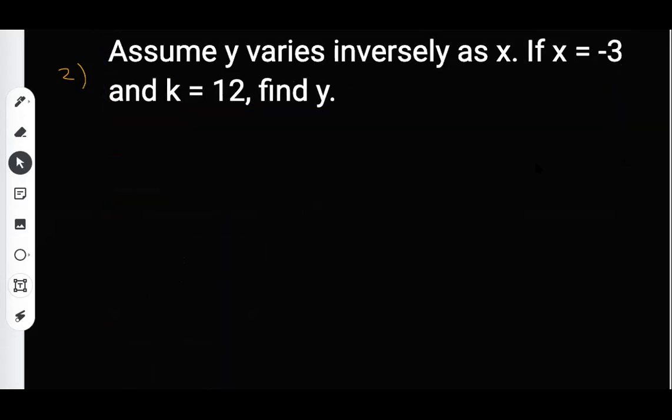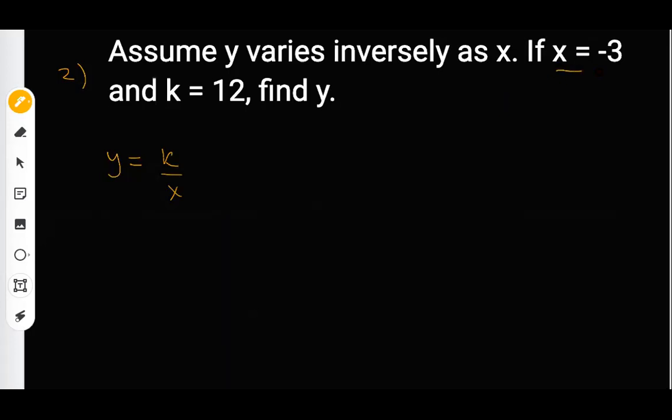There we go. Okay, so we're assuming that y is going to vary inversely as x. So the first thing I need to do is write down my inverse formula, which is y equals k over x. So that's my inverse variation.